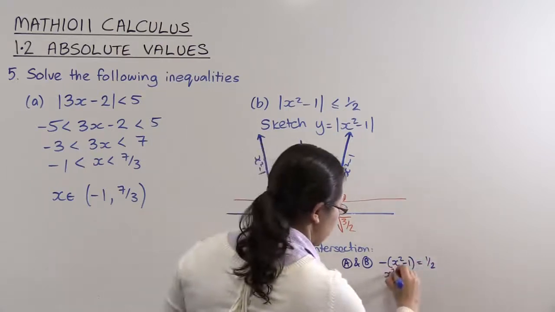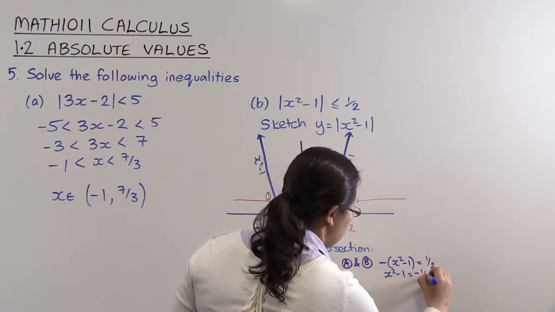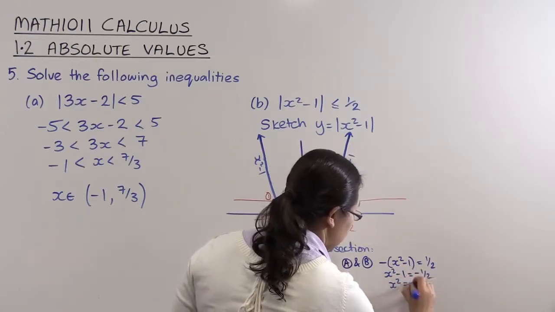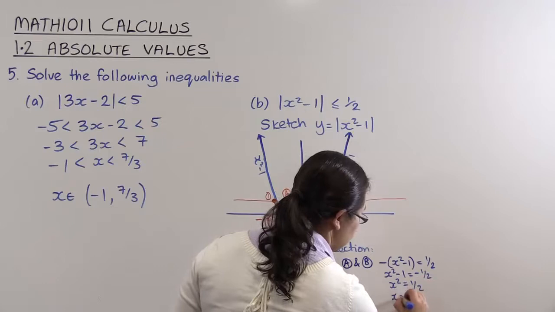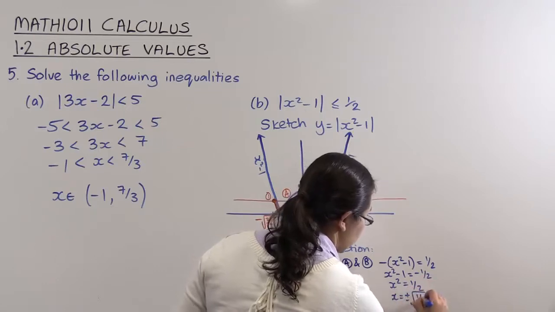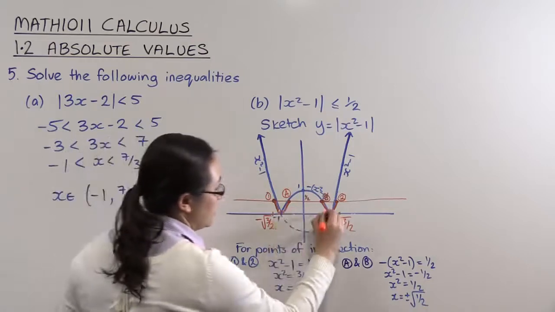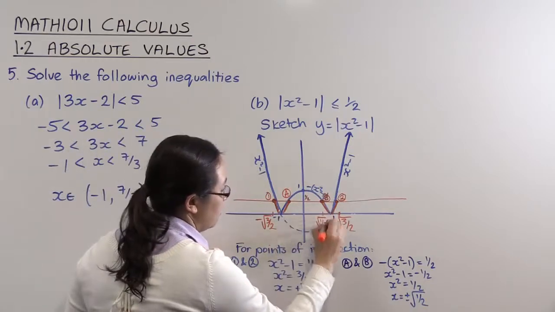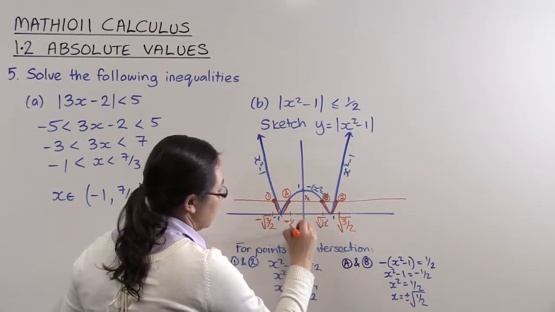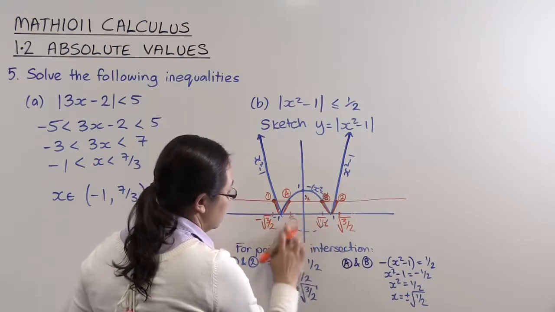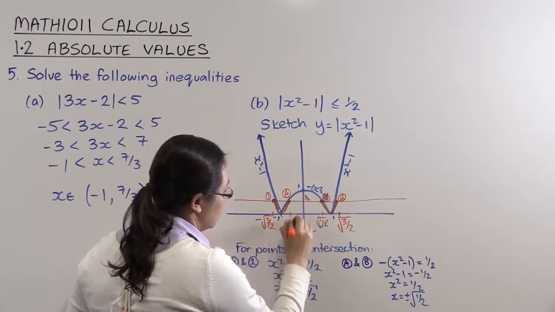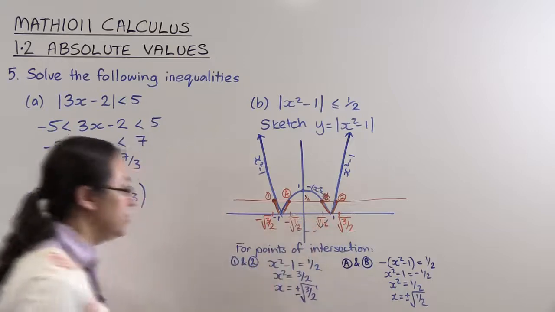So that means x squared minus 1 is negative a half. X squared must be a half. So x is the plus or the minus square root of a half. So there are our intersections here. So here's the positive square root of a half, and here's the negative square root of a half.